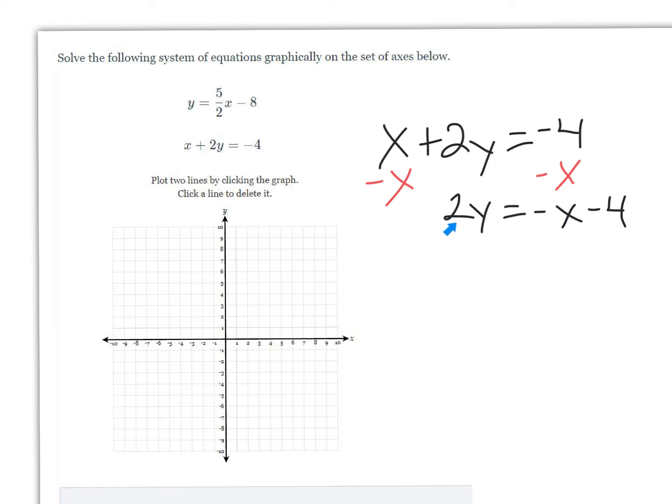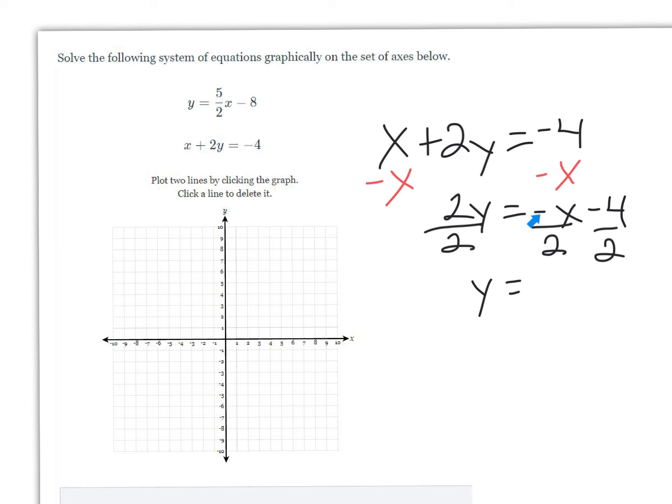Okay. Now, we are in y equals mx form, but we have a 2y, and we need that to be 1y. So what we're going to do is divide by 2. But you have to divide everything by 2 to keep an equation equal or balanced. Now, of course, 2 divided by 2 is 1. So the left side now says y equals, which is what we were trying to do, solve this equation for y.